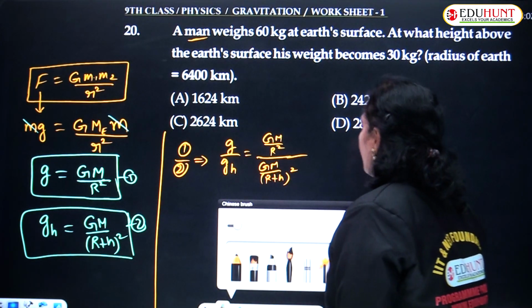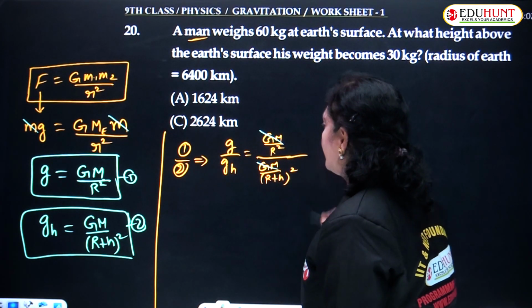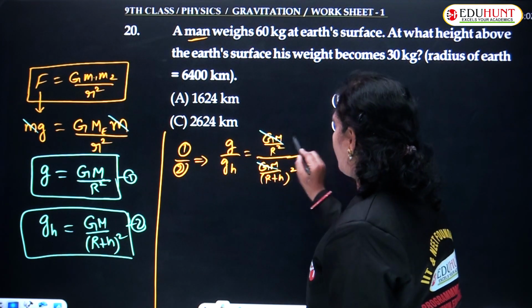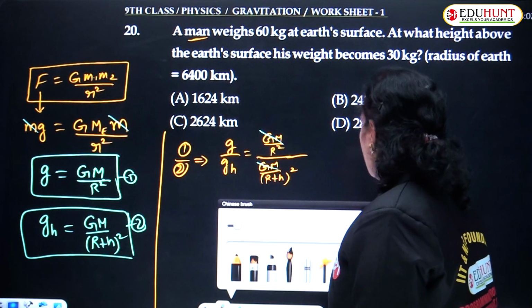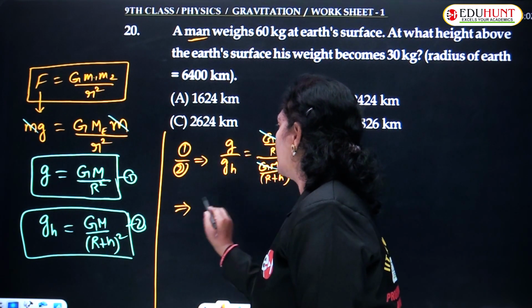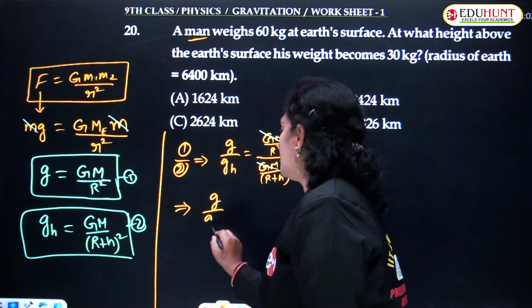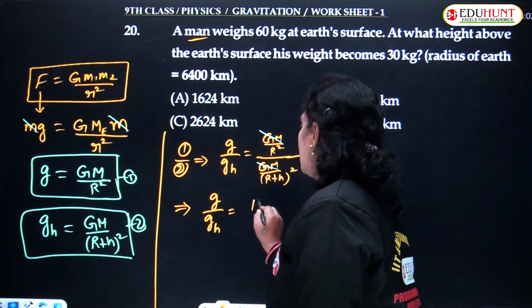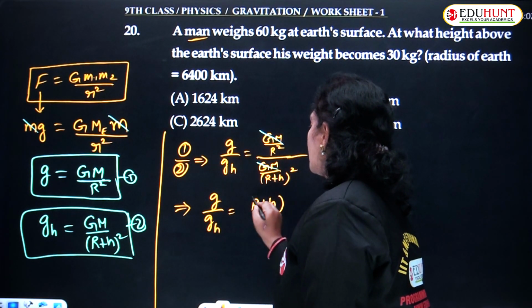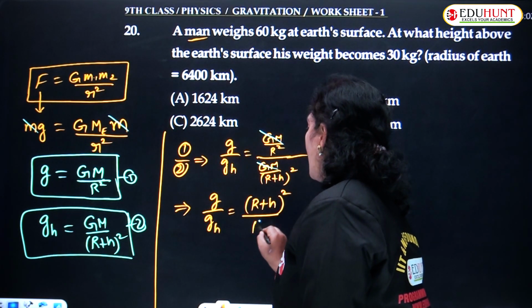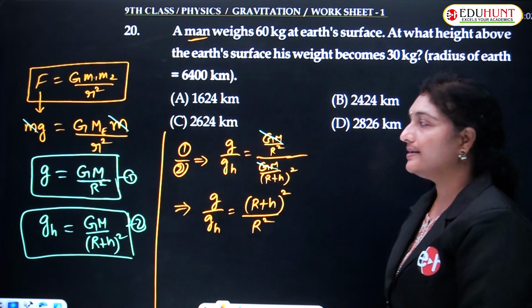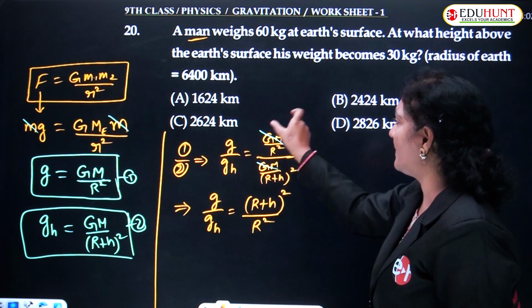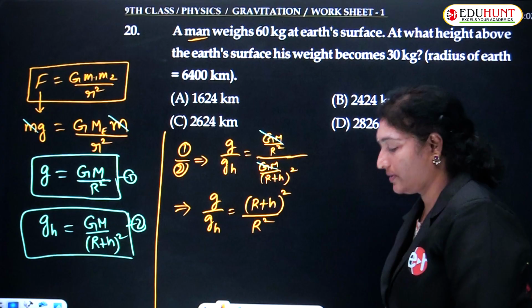Simplifying carefully, GM and GM get cancelled and (R plus h) whole square goes up. Then you are left with g upon gh equals (R plus h) whole square upon R square. Is that clear, children? GM gets cancelled, (R plus h) is carried upward and this R square.